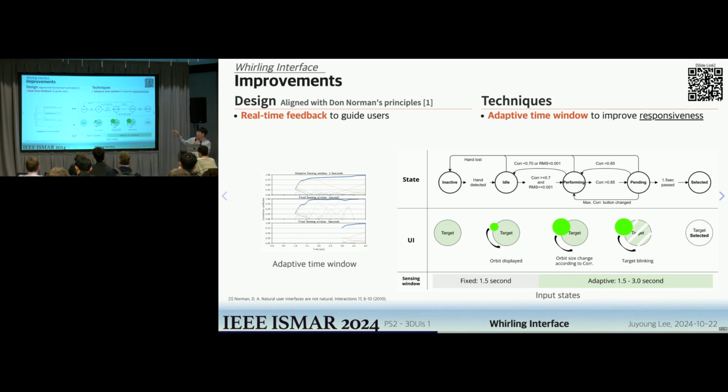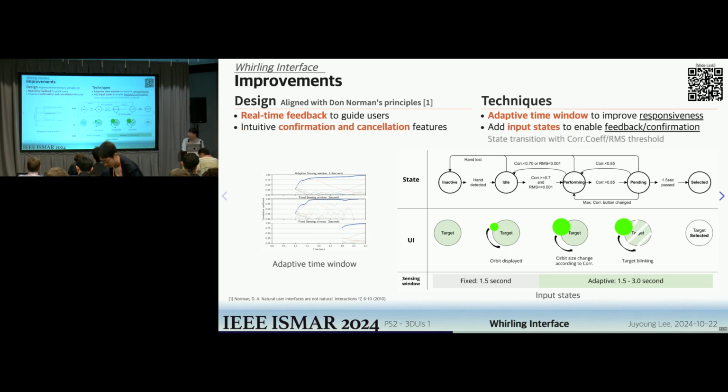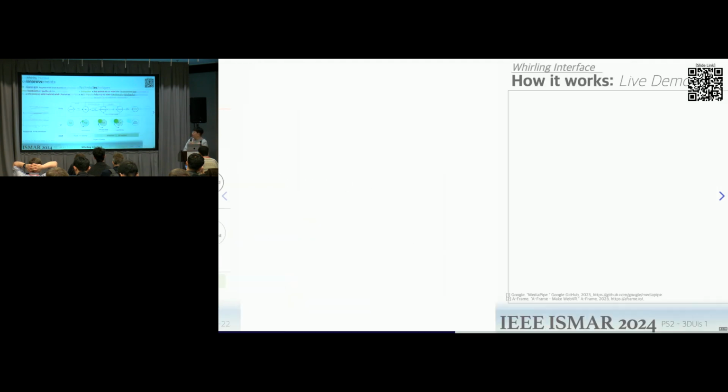The left figure shows how the adaptive time window works, so we can give direct feedback every second. Second, we add input states to activate confirmation and cancellation. All of these are activated by correlation coefficient, root mean square, and some thresholding. The details are in the paper.